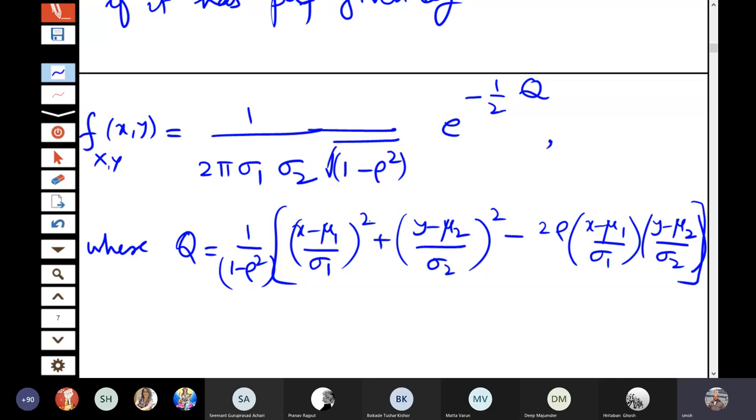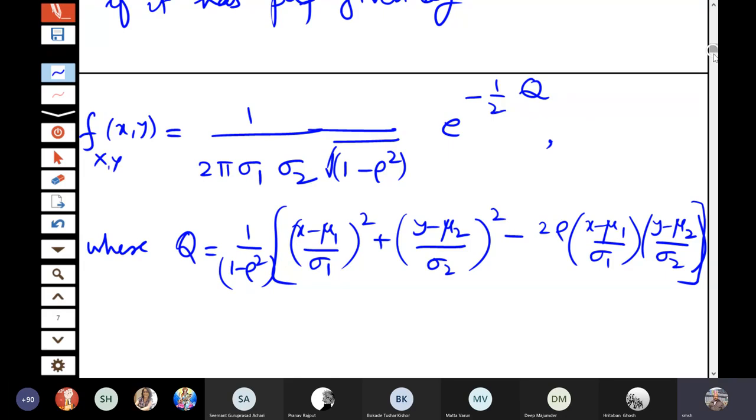It has an x square term, then a y square term, of course in the form x minus mu1 by sigma 1 and y minus mu2 by sigma 2, and then there is a cross product term. It suggests that I can write it as a perfect square either in x or in y. In both cases it can be done, and some adjustment will need to be made. So let us do that.